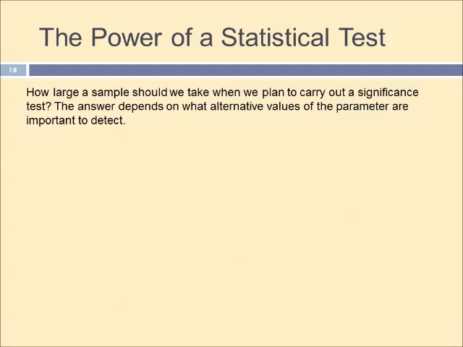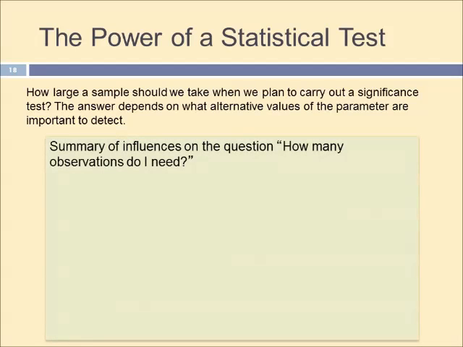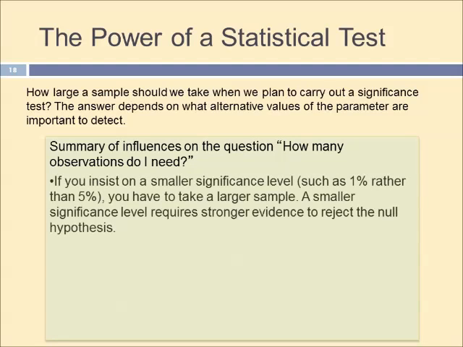So, how large a sample should we take when we plan to carry out a significance test? The answer depends on what alternative values of the parameter are important to detect. So, a summary of influences on the question, how many observations do I need? If you insist on a smaller significance level, such as 1% rather than 5%, you need to take a larger sample.